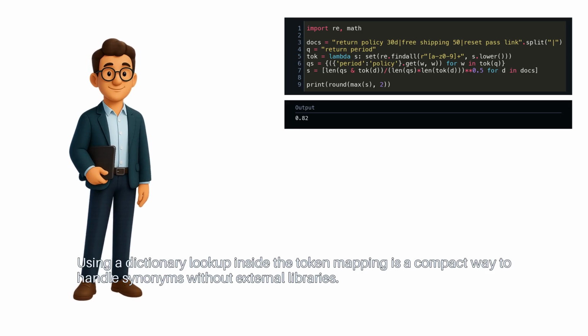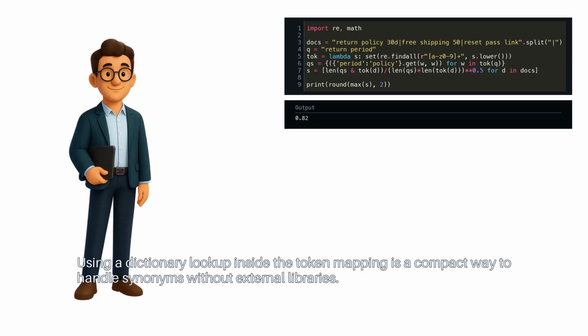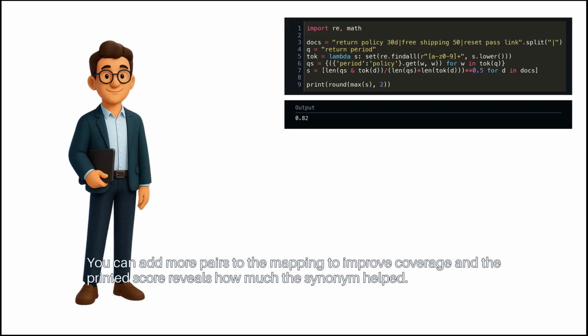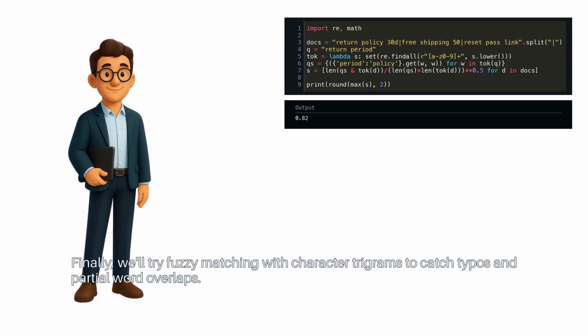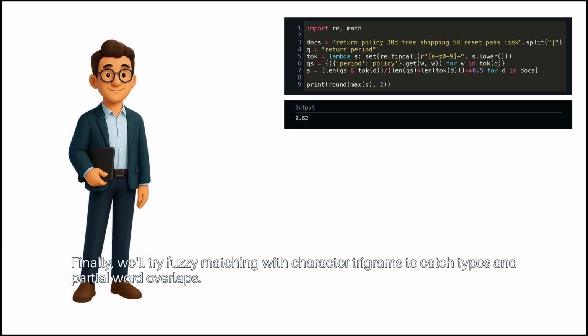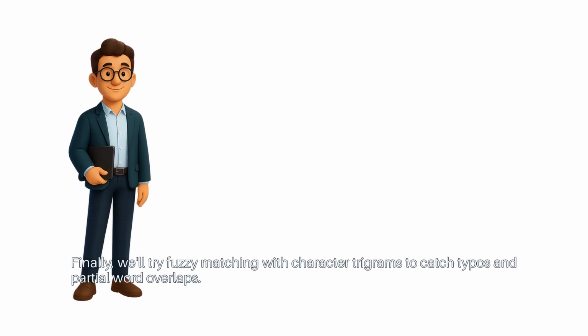Using a dictionary lookup inside the token mapping is a compact way to handle synonyms without external libraries. You can add more pairs to the mapping to improve coverage, and the printed score reveals how much the synonym helped. Finally, we'll try fuzzy matching with character trigrams to catch typos and partial word overlaps.